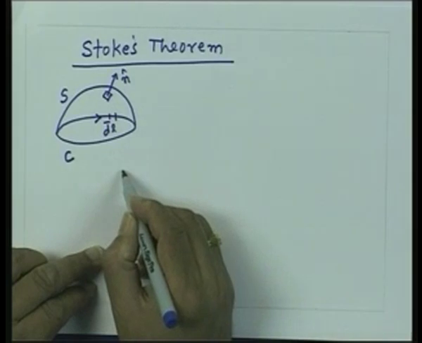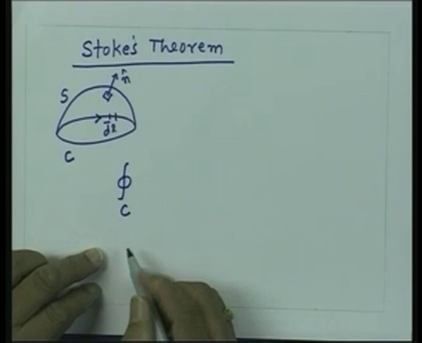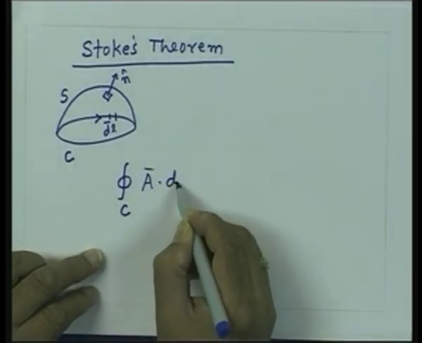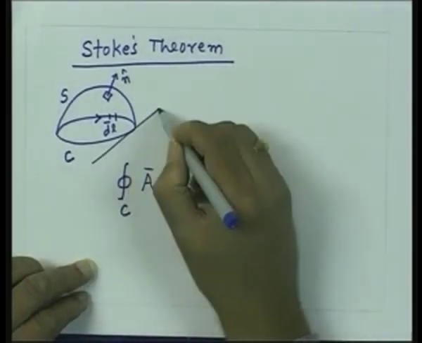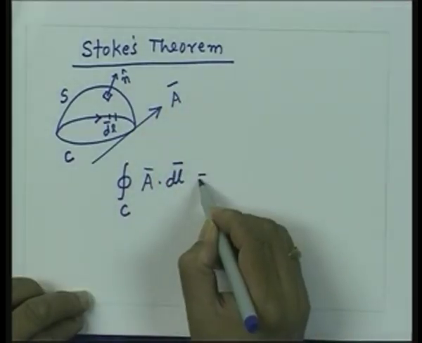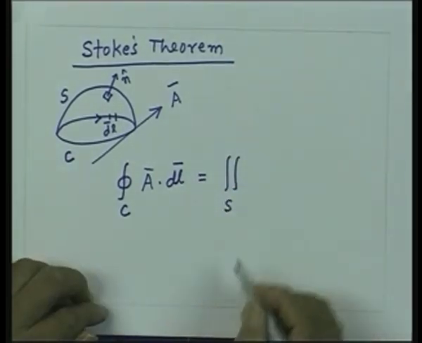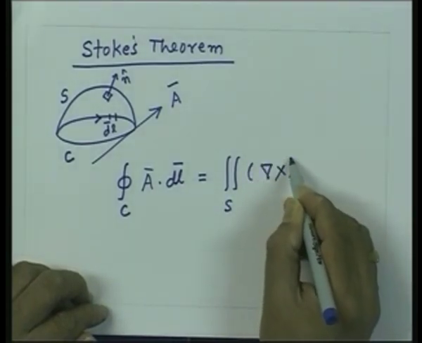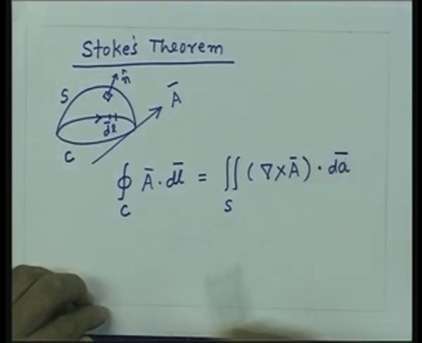So, the Stokes theorem states that over this contour C, the line integral of this vector A, you have a vector field again here which is A, is equal to the surface integral, and in this case it is the open surface, curl of A dot dA.